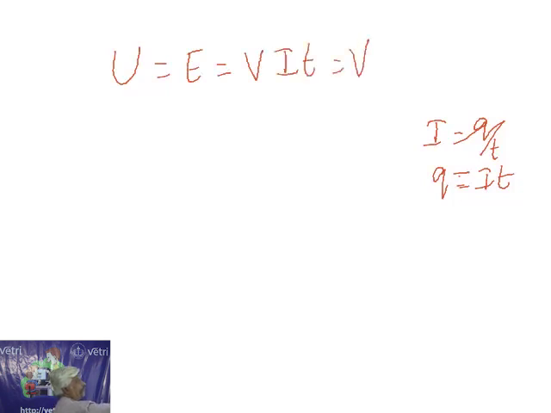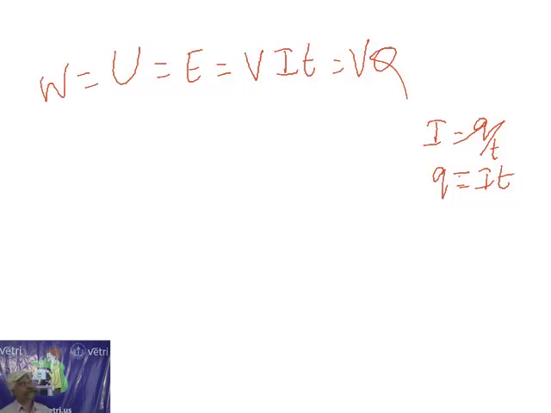So the general formula we know is VQ, which I have just shown. This is the energy developed. So here the energy is VIT. This energy is nothing but work done, and this work done is stored as energy.